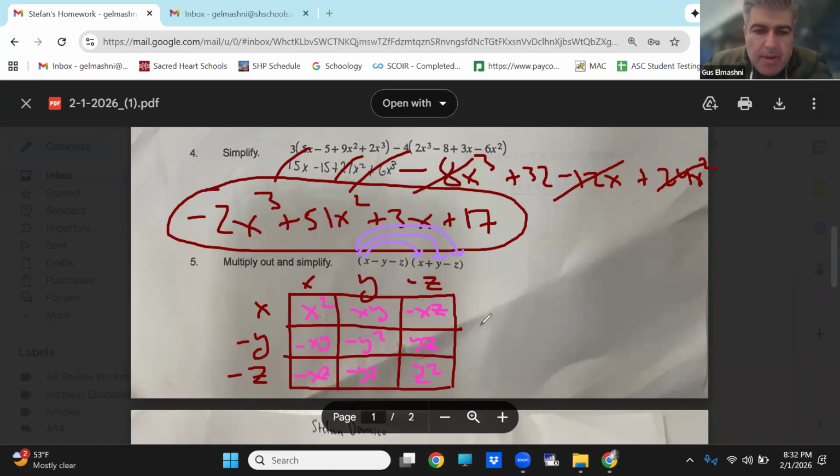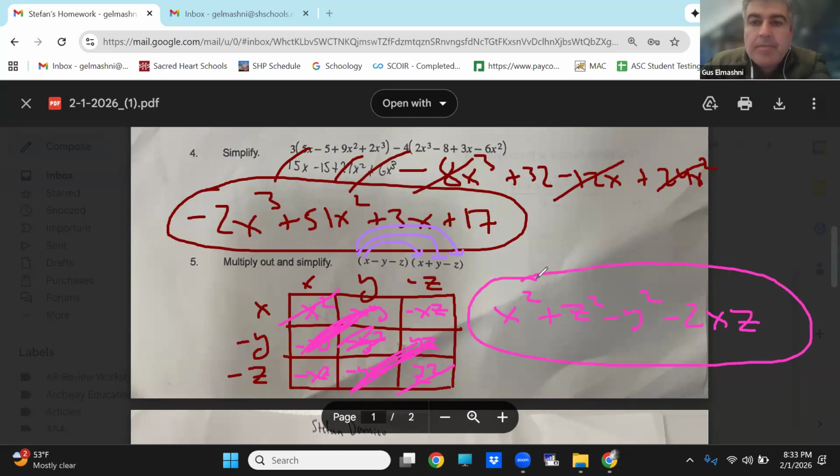So x squared, there's nothing to combine with it. So it's just x squared. And then you have positive z squared. But you have negative yz and positive yz, those cancel. Negative xy, those cancel. So also you get negative y squared and -2xz. There you go.